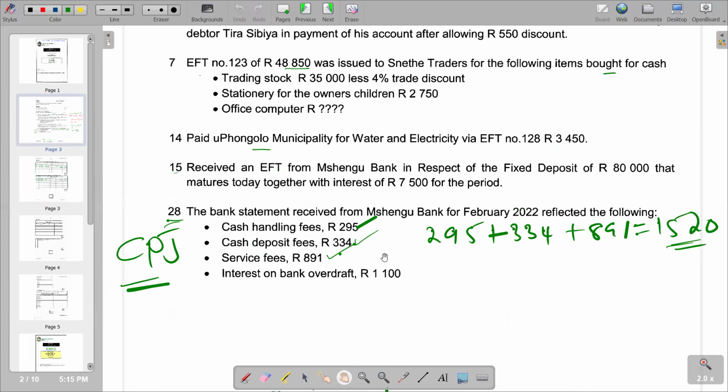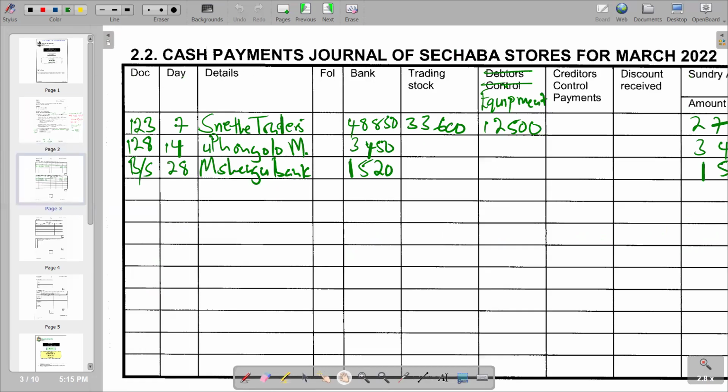That's a payment again, under the cash payment journal. We have the same date, same document number, which is a BS. But for other details, obviously, we are going to put the same bank, and the amount is 1,100. And it's interest on overdraft, so we don't have a column for that.